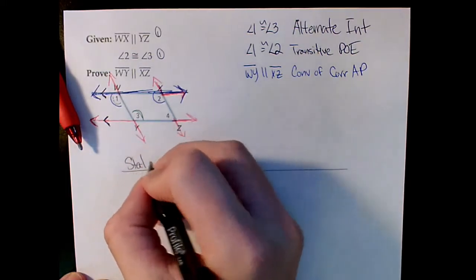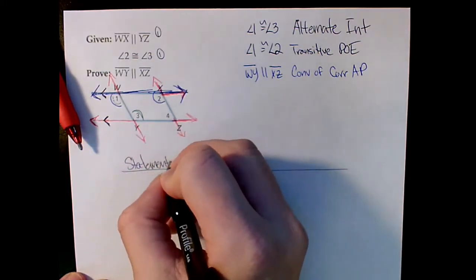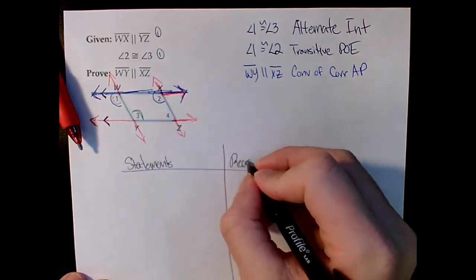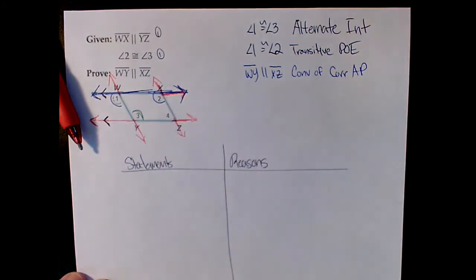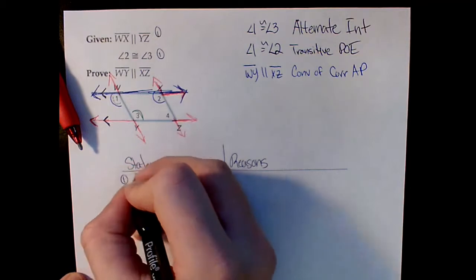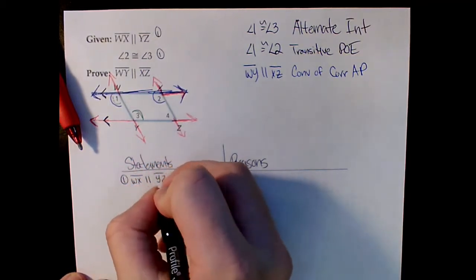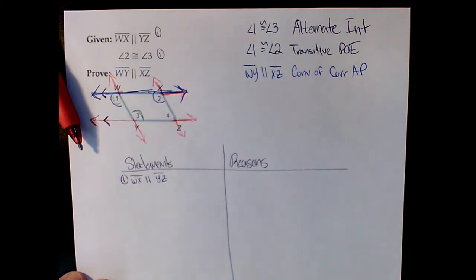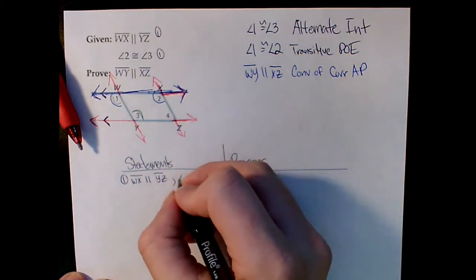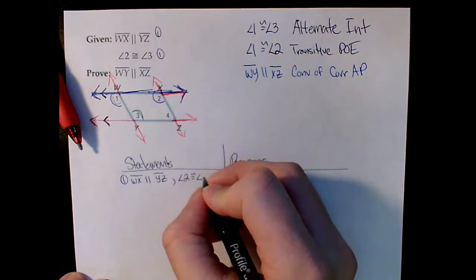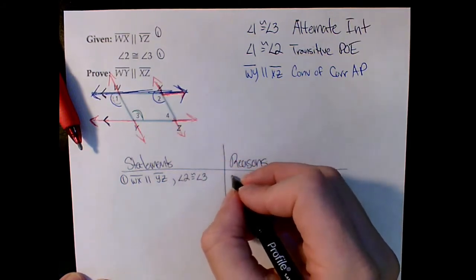Statements. Reasons. Statement number 1: WX segment is parallel to segment YZ. Also, angle 2 is congruent to angle 3, and that is the given.